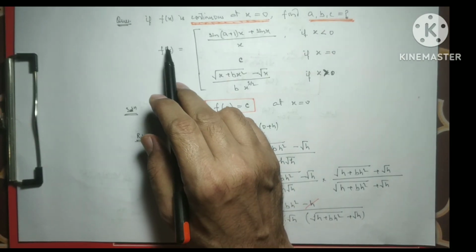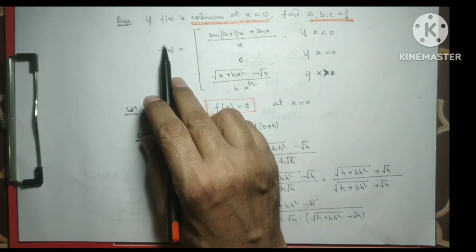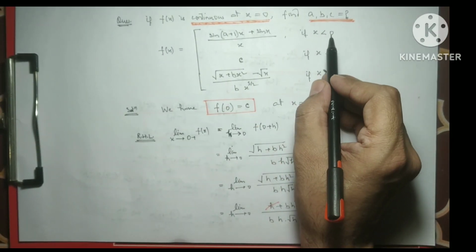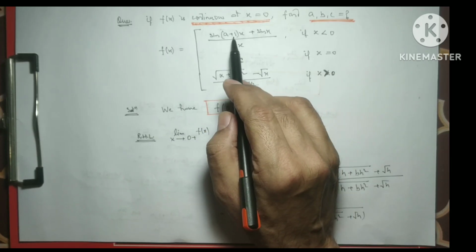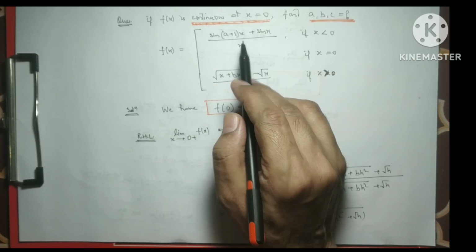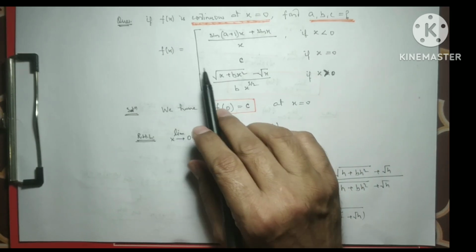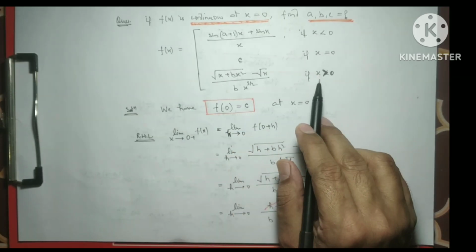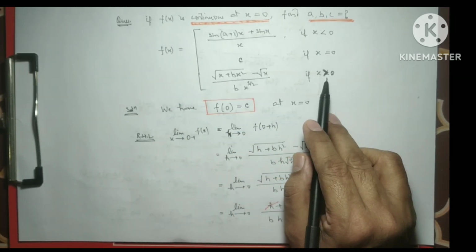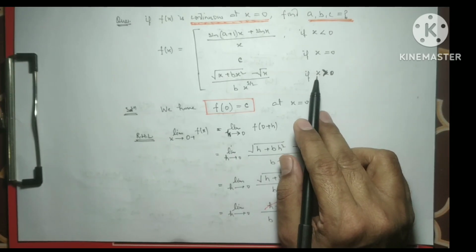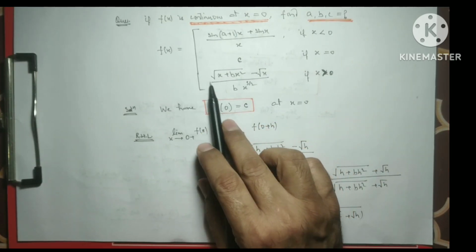The definition of the function is, when x is less than 0, it is sin((a plus 1)x) plus sin x over x. At x equals 0, this function gives the value c. When x is greater than 0, for the right hand limit, it shows this expression.